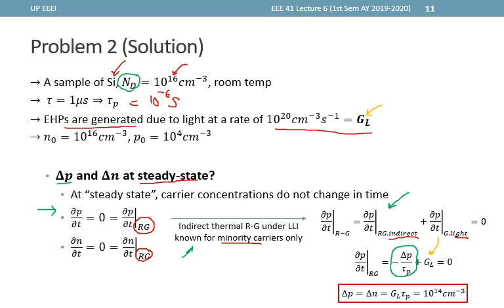However, we cannot write that the delta P over delta P for indirect thermal RG for majority carriers is equal to negative delta N over tau N. That is not a valid expression for this case.